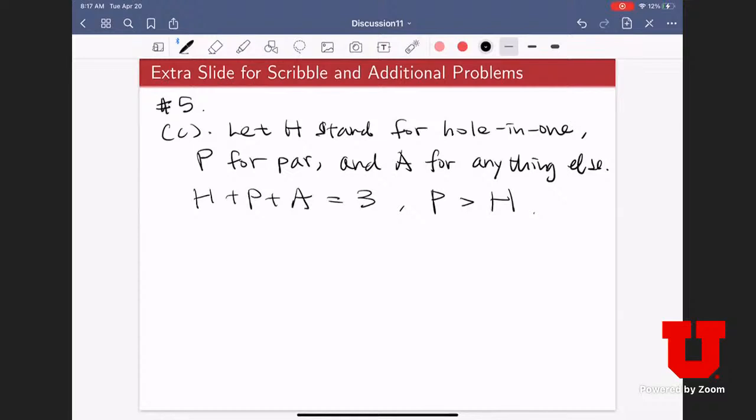So don't we have, if there's 0 hole-in-ones, then there has to be at least 1 par, and if there's 1 hole-in-one, there has to be 2 par. Yep, case 1.